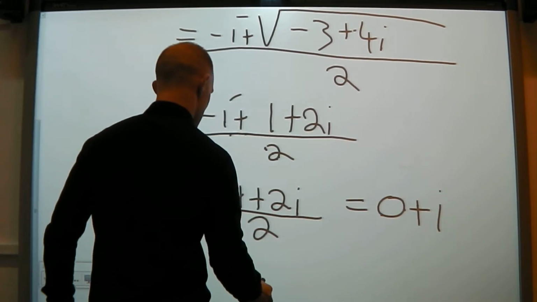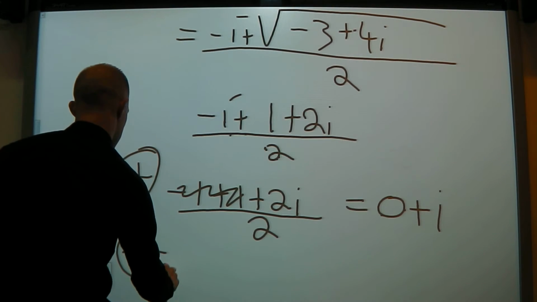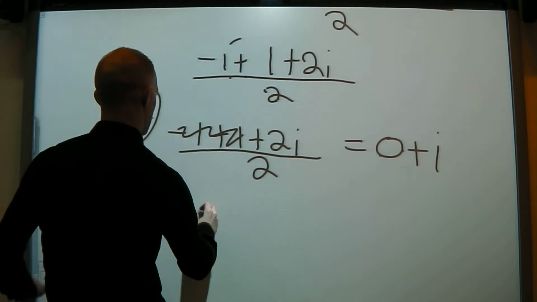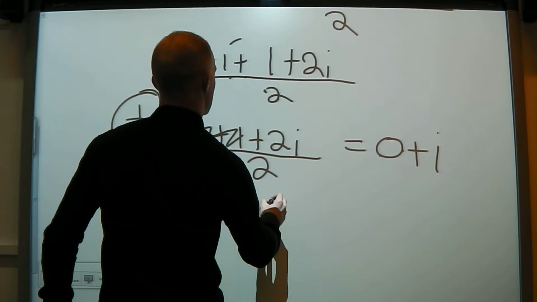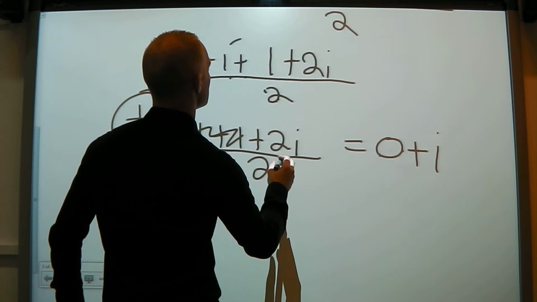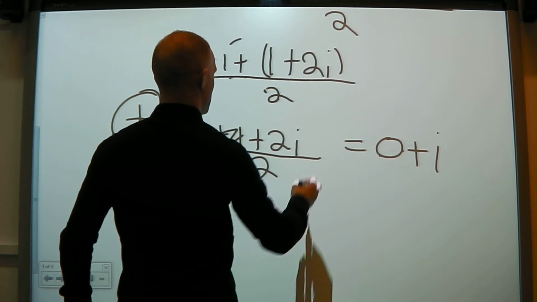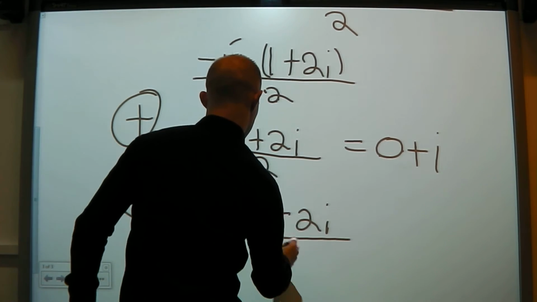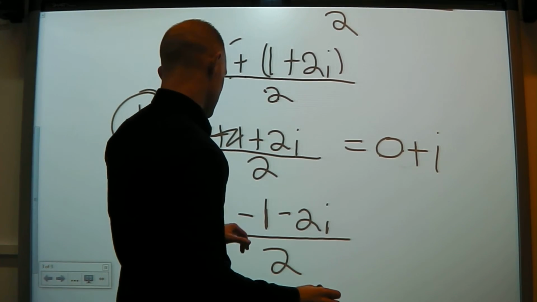And then we have our next one here, which is taking the minus. So it's going to be minus 1, minus, between brackets, 1 plus 2i, and that is all over 2, which is negative 2 minus 2i.